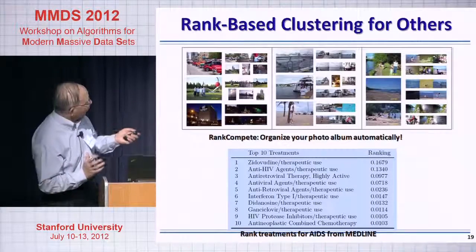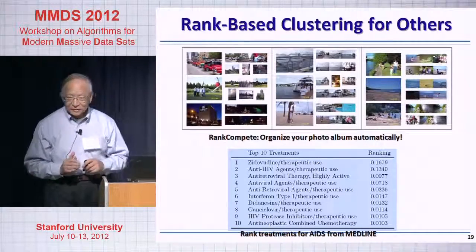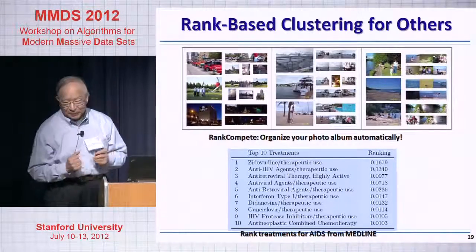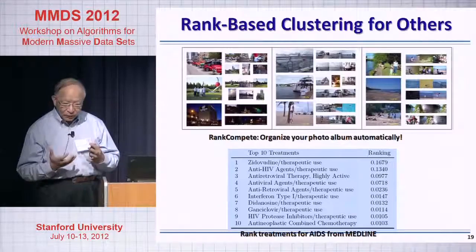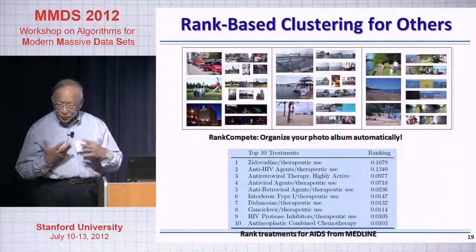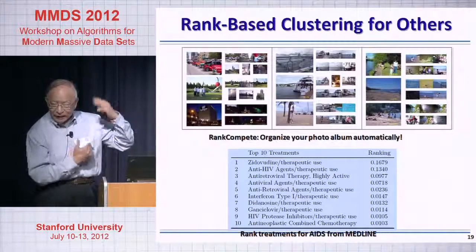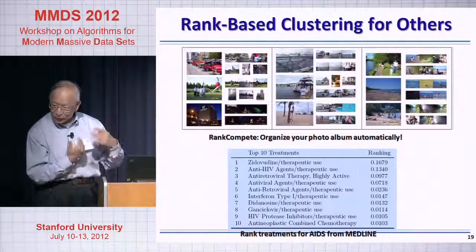Moreover, there's one researcher from the University of Queensland in Australia. He actually tried it on PubMed. He just wanted to know, for which disease, what are the most highly ranked methods or treatments.